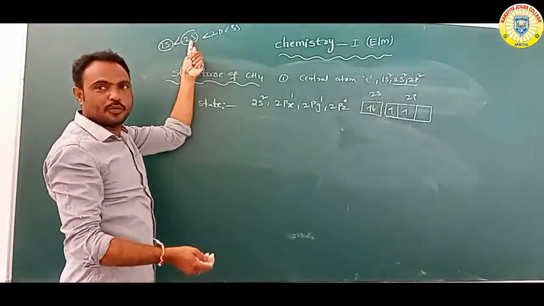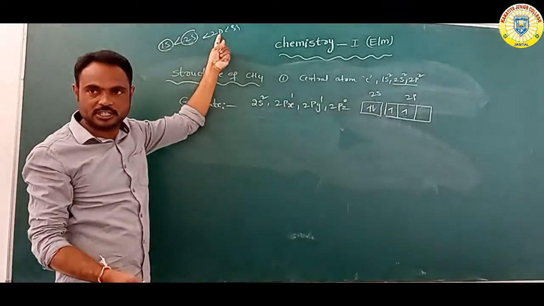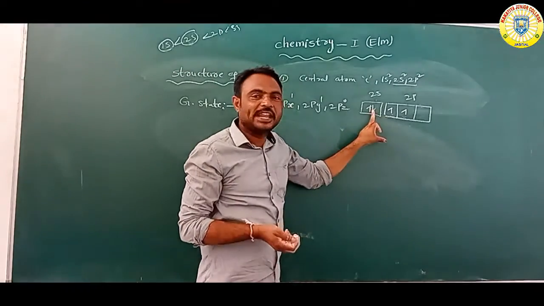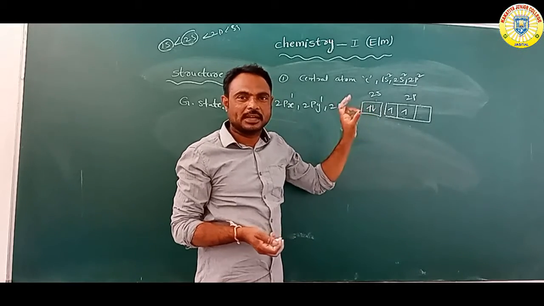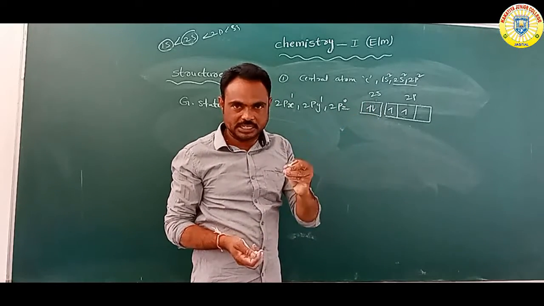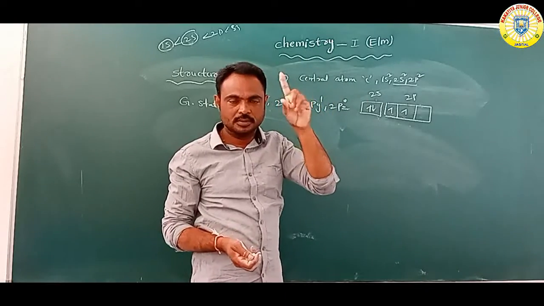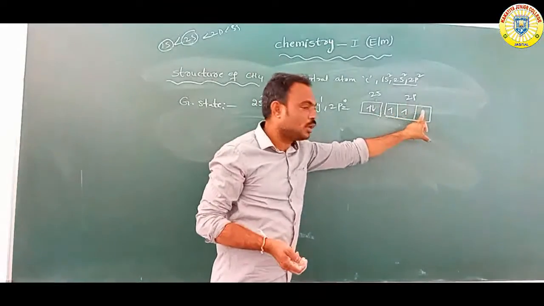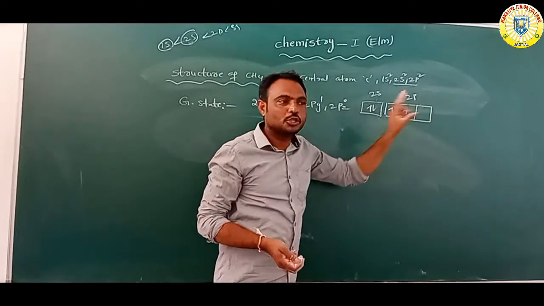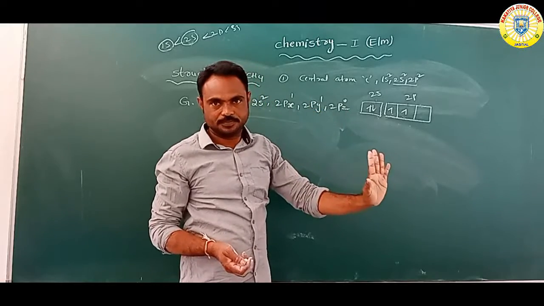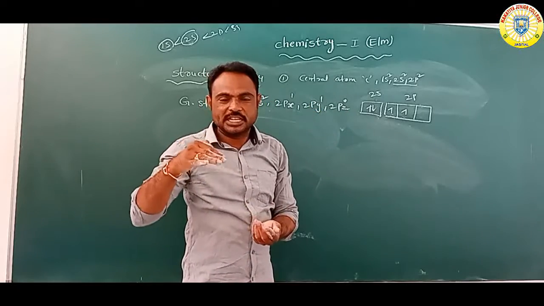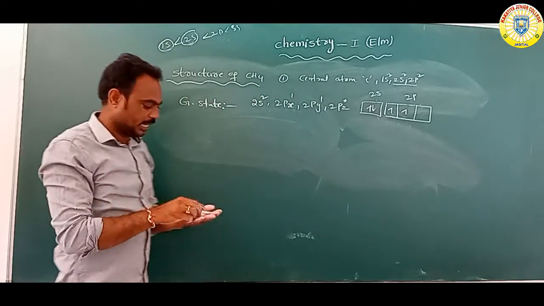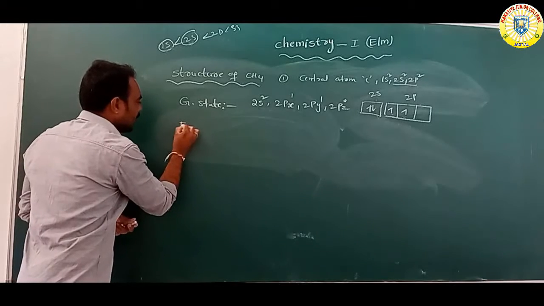Overall, 2s is lower energy, 2p is higher energy. When an electron in a lower energy shell absorbs some energy from the surroundings, it jumps to a higher energy shell. That is called the excited state. So we write the excited state.